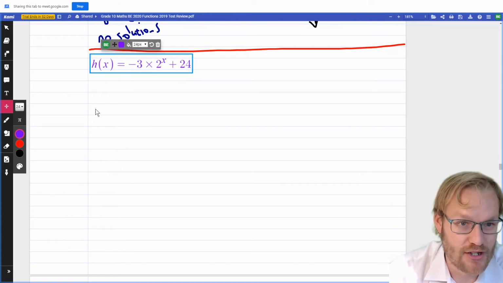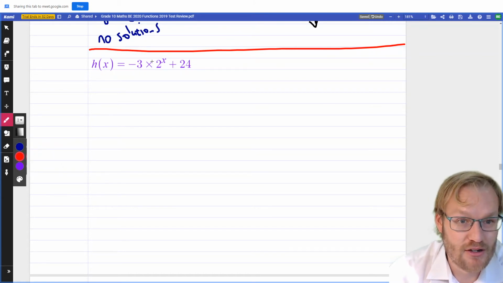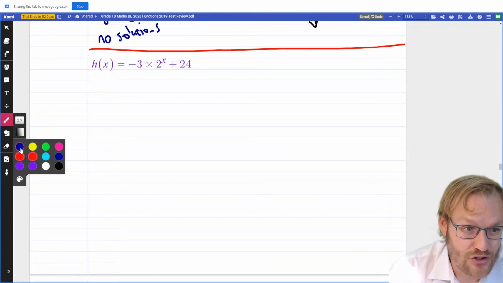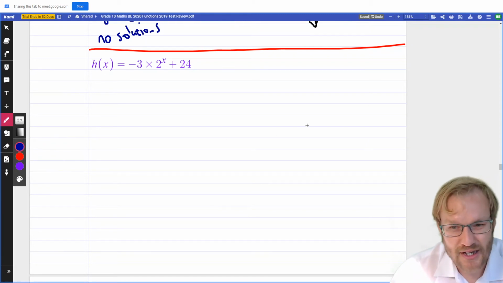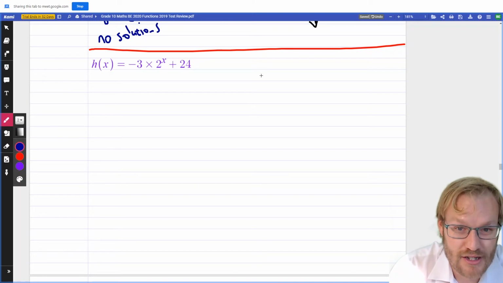So there's our starting point. We know it's an exponential function because the x is in the exponent. So let's run through our thinking. So I think it's quite useful if you can to view what this picture would look like. So 2 to the x would look like this, just going up.